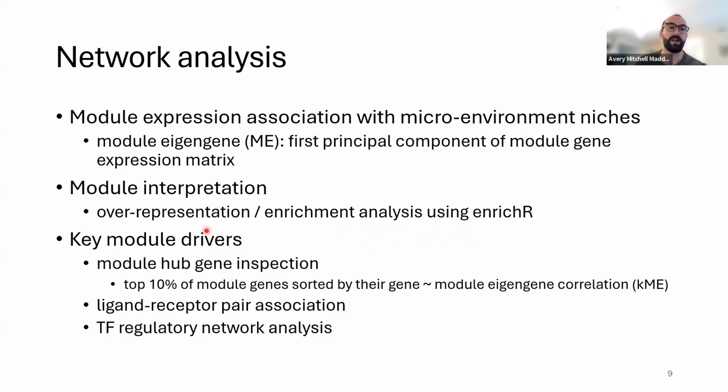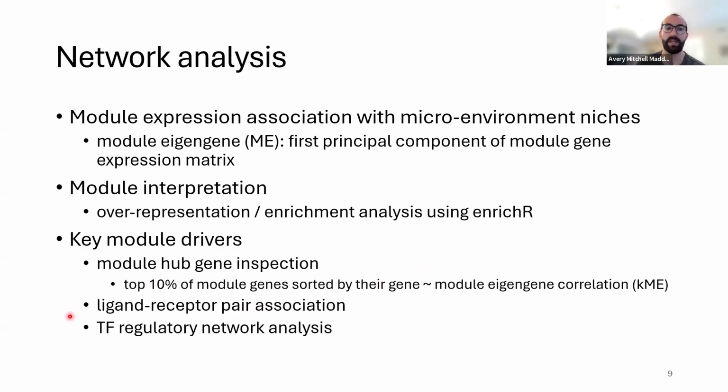And then finally, we can look for drivers of modules of interest that we identify in a couple different ways. So one, we can just inspect what are termed module hub genes. These are genes that are at the core of the module. So they're the genes most connected to the module, which is measured by their correlation with that module eigengene.